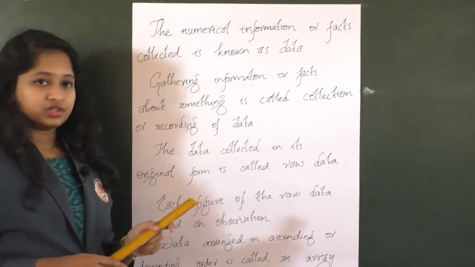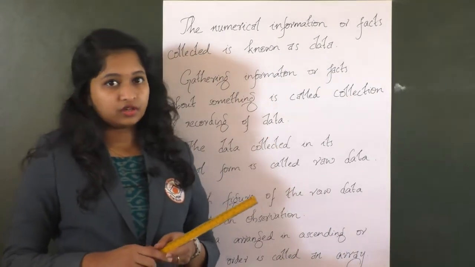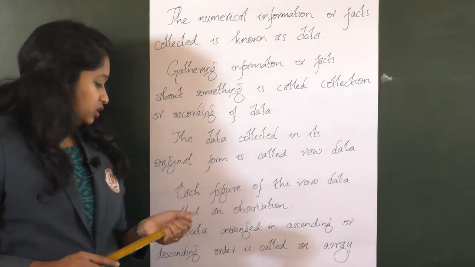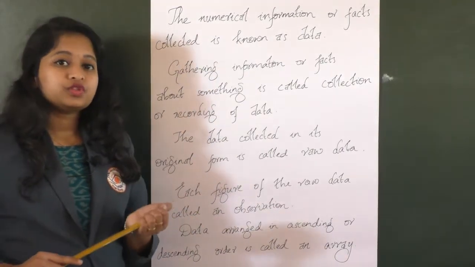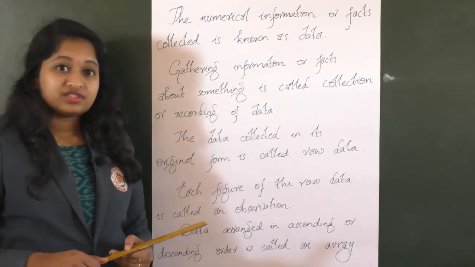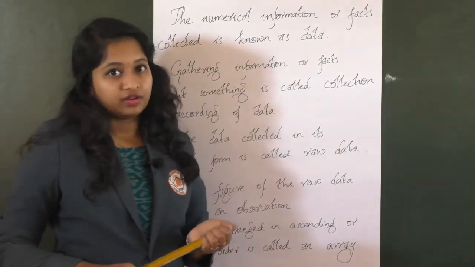The data collected in its original form is called raw data. Each figure of the raw data is called an observation. Data arranged in ascending or descending order is called an array.